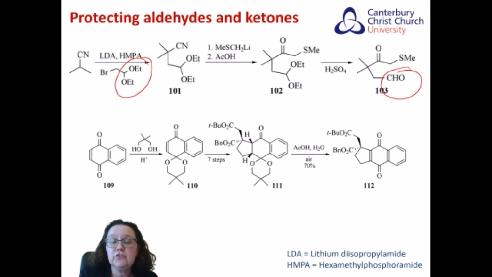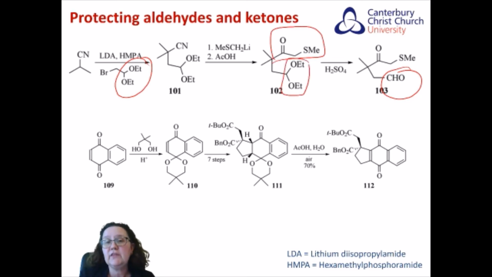You do the reaction to generate the part of the molecule you're interested in changing, keeping this as a diacetal, and then as a final step, by using concentrated acid, you hydrolyze the diacetal and you form the aldehyde.